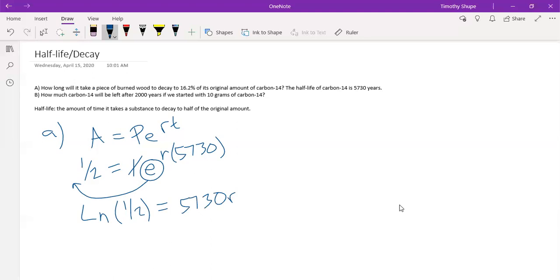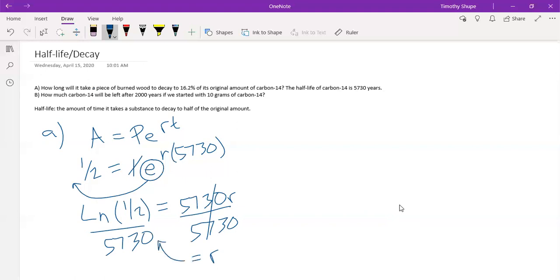And then to finish solving for r, I'm going to divide off the 5,730 from both sides. Those are gone, and then my rate is going to equal this ugly looking fraction over here.